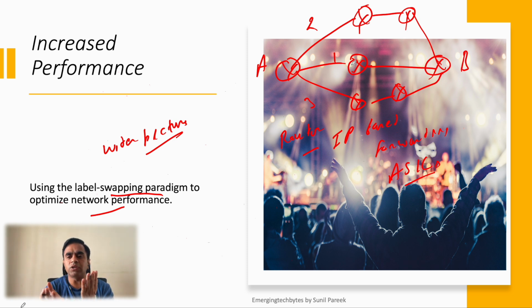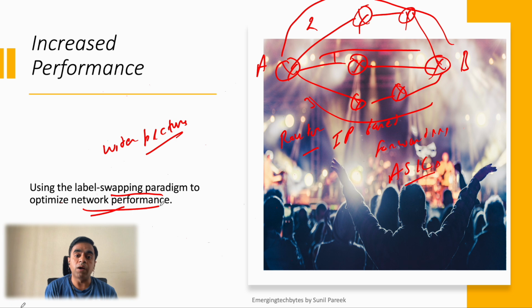Or if I just tune the metric, get into that complex way to tune some IGP metric, then it can even utilize path number 2 or 3. But again, that is not a scalable way. But if I have some sort of TE tunnels created via these paths, let's say 3 tunnels, I can efficiently distribute the traffic and meet required performance numbers which are being asked by my customers.